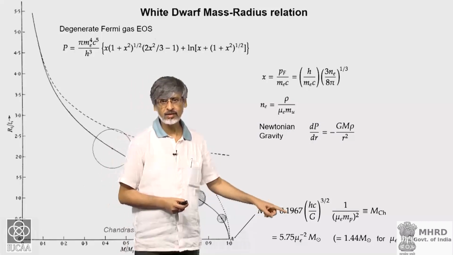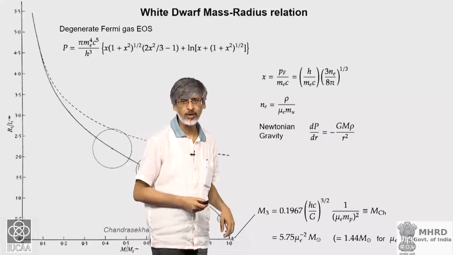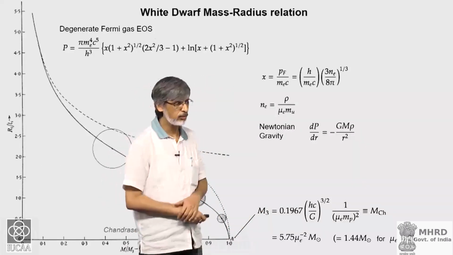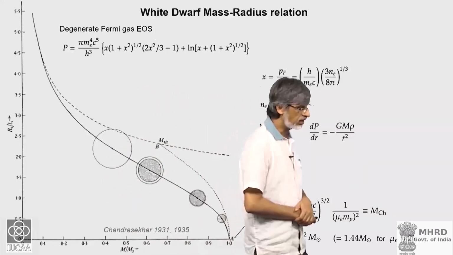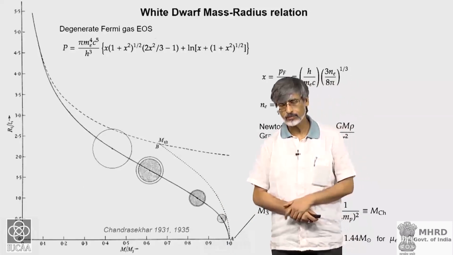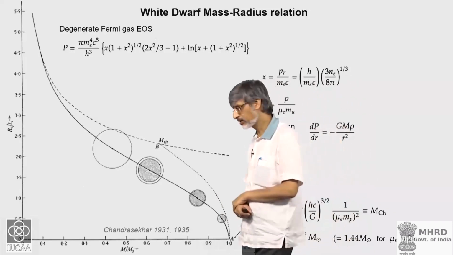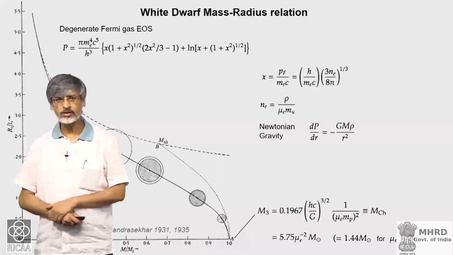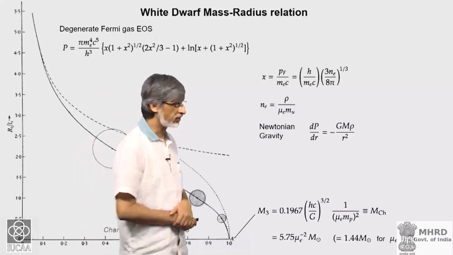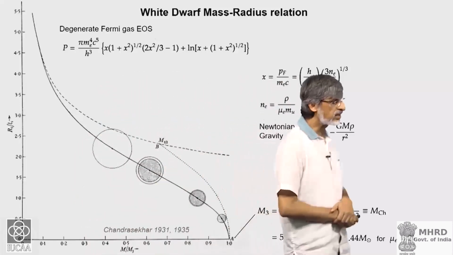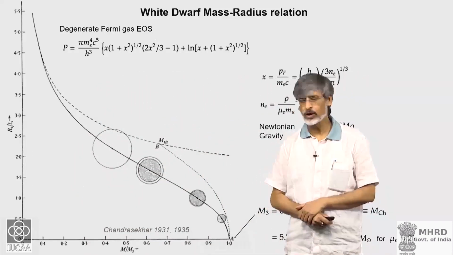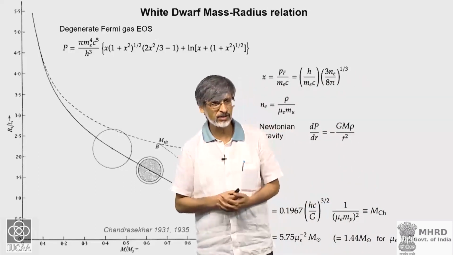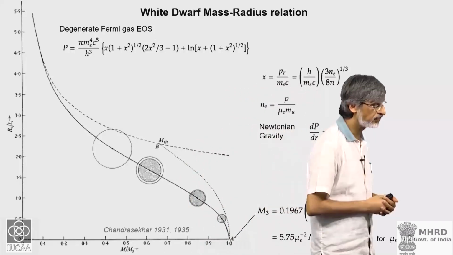Numerically, this then works out to be 5.75 solar mass divided by mu_e squared. So, mu_e, as I said, is the mean molecular weight, which is number of nucleons per electron. Now, we have already seen what kind of composition white dwarfs have. They are either helium or carbon oxygen or oxygen neon magnesium.